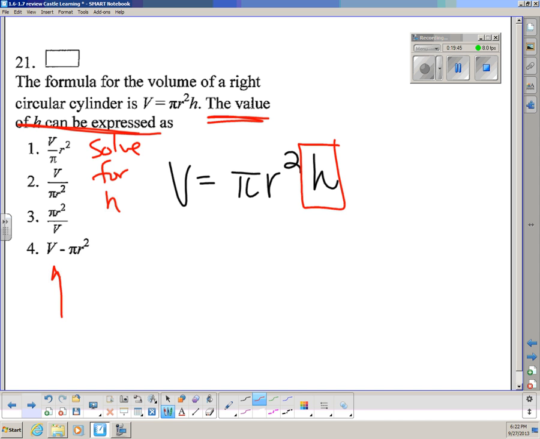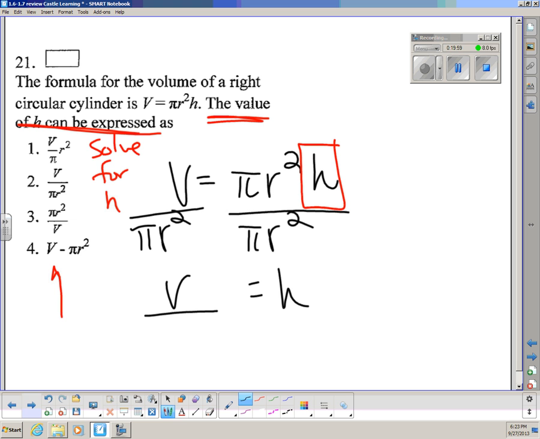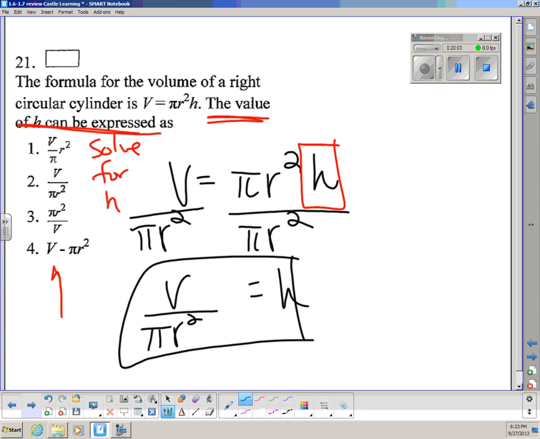Everything is being multiplied together. So because of that, to undo multiplication, I can divide, and I can do it all at once. I can divide by pi r squared all at once, because pi r squared is being multiplied by h. And so now h is equal to v over pi r squared. And that is choice 2.